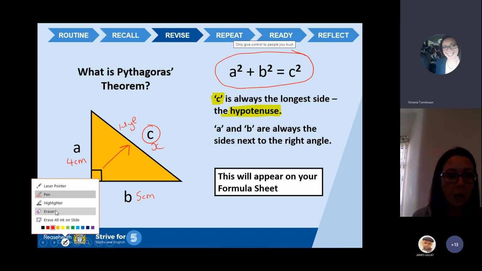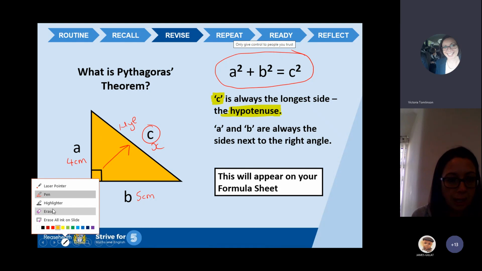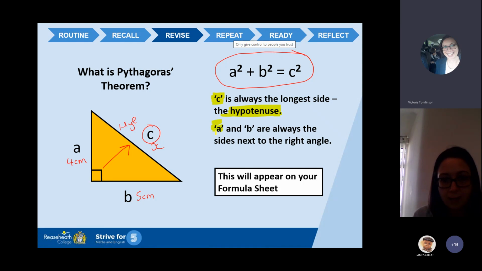So A and B are both shorter sides. So the thing to remember is that the hypotenuse is the longest side of the right angle triangle. And A and B are always next to the right angle. So the hypotenuse is directly across from it, and A and B are next to it.